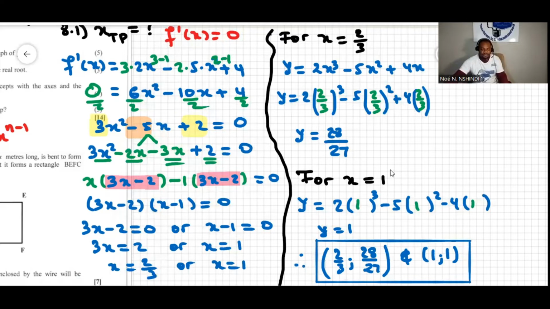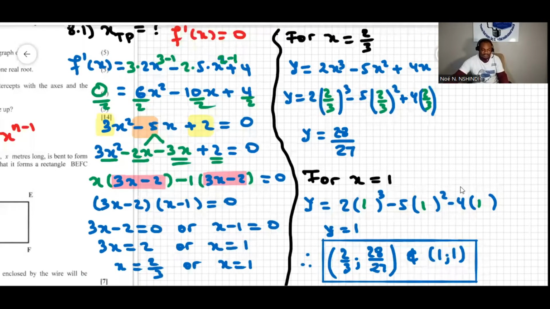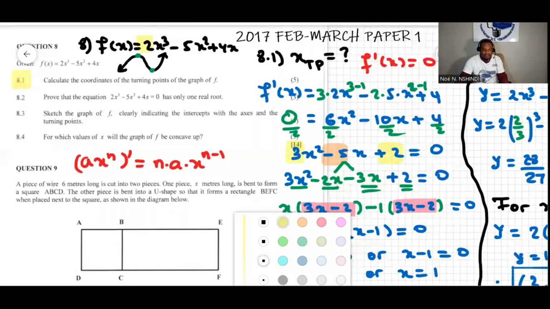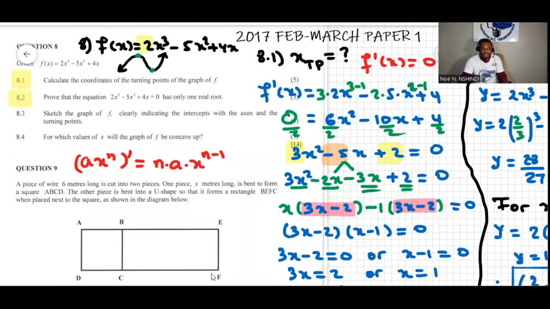The following question is question 8.2. Let me move the board like this and see what the question says. Question 8.2 says prove that the equation 2x cubed minus 5x squared plus 4x equal to 0 has only one real root.